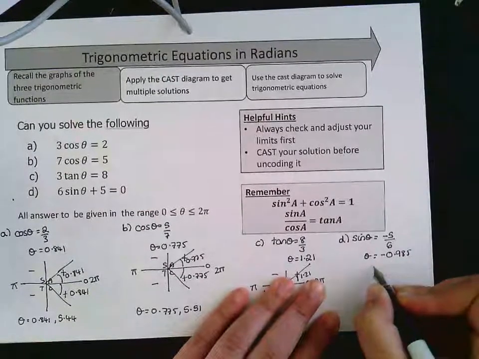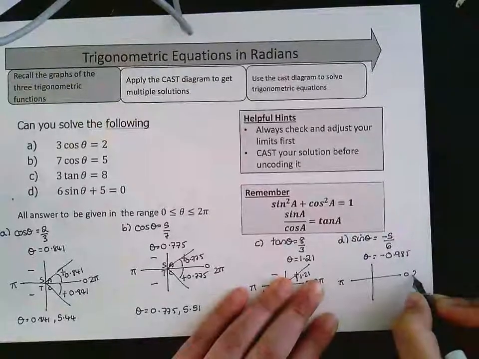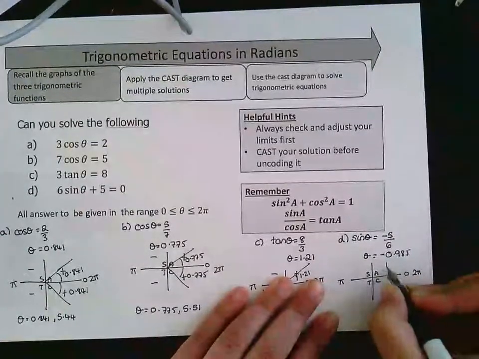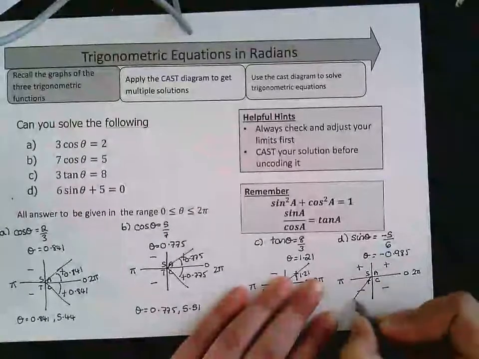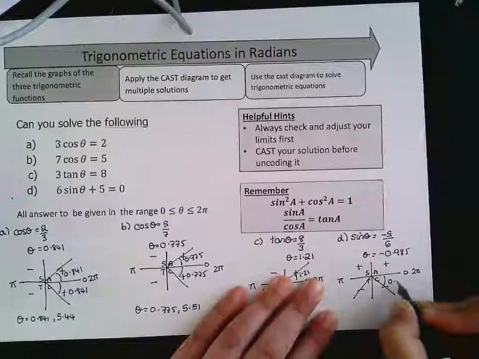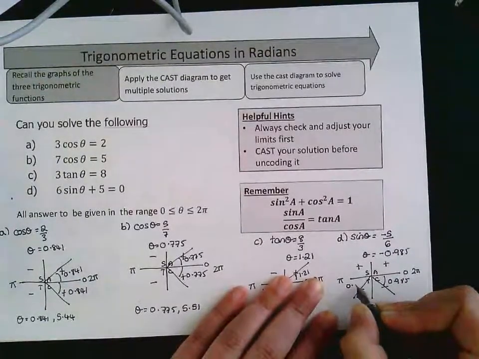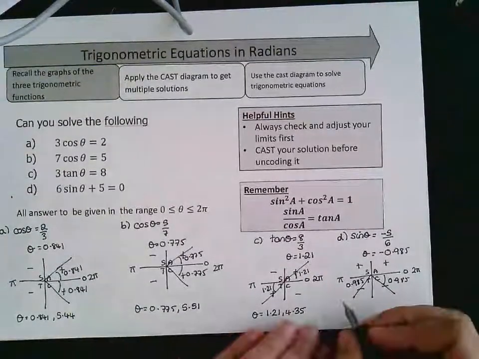I've got a negative angle this time. So positive in all and in sine, so the other two are negative. I've got a negative angle, so I draw this in the negative sections, but again notice I don't label the angle as negative, I just draw it in the negative sections.